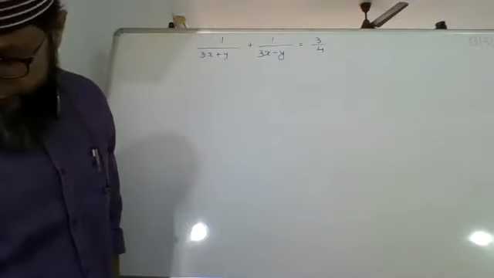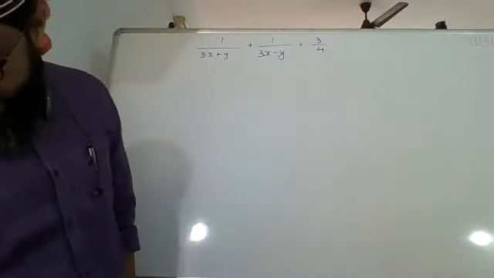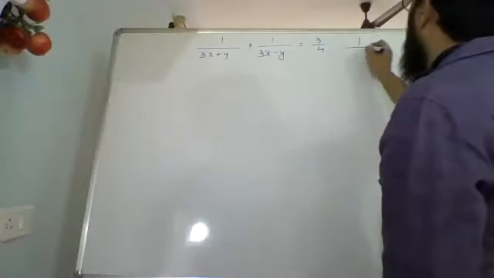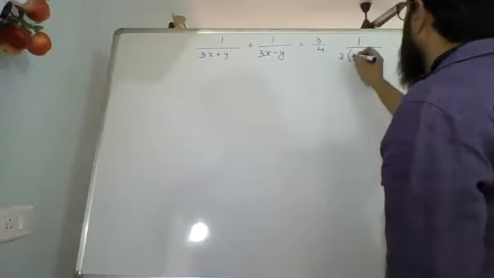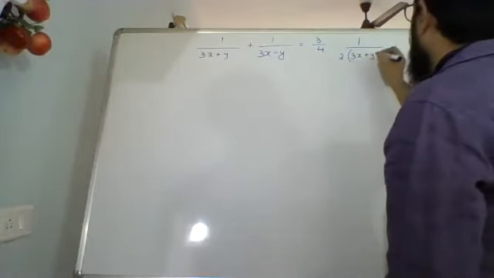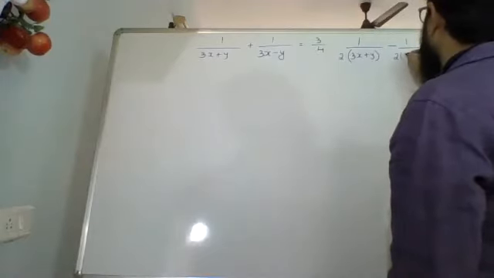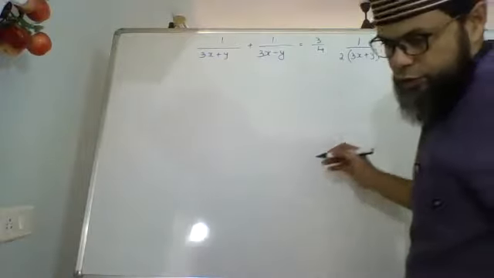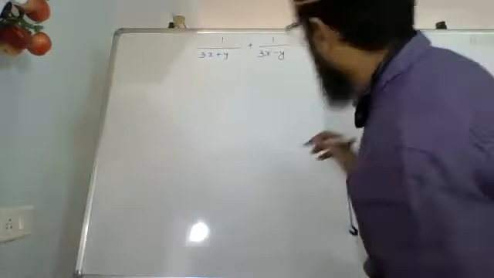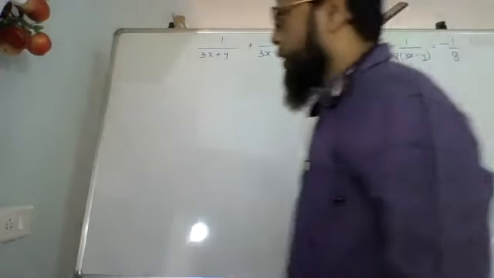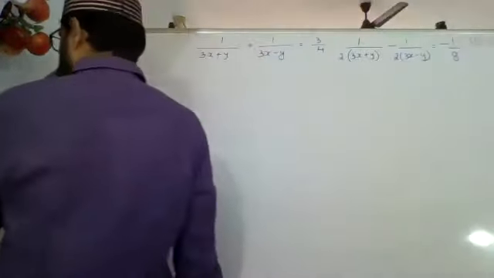That is your first equation. Second equation is again the same thing: 1 upon 2 times 3x plus y minus 1 upon 2 times 3x minus y equals to minus 1 upon 8. These are the two equations.